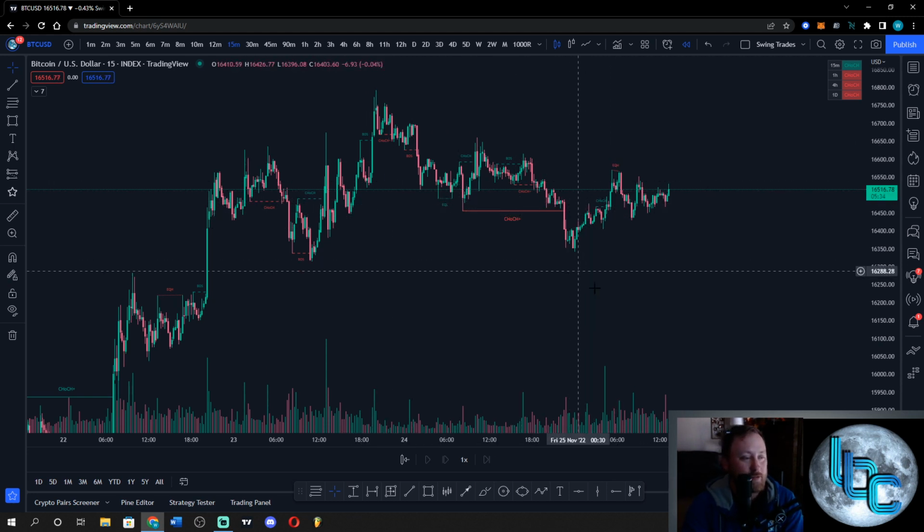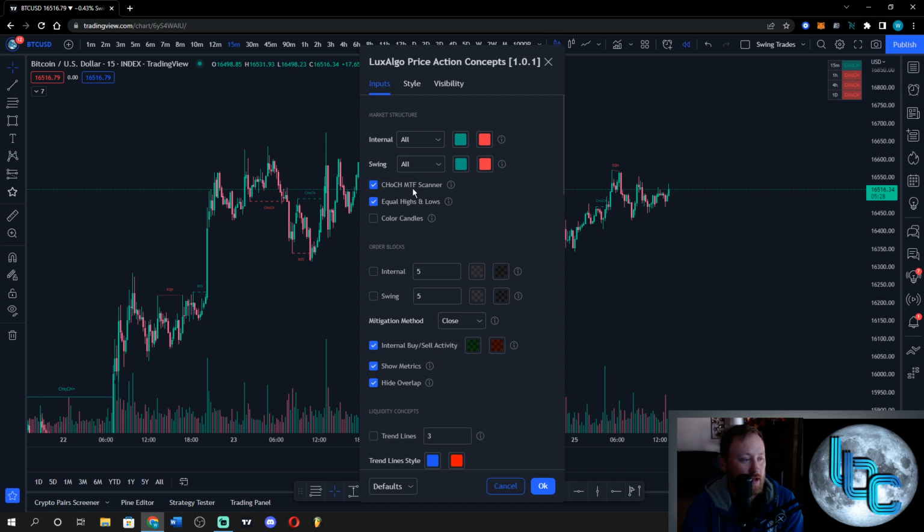So essentially, what this is right here, I believe this is the CHoCH MTF scanner, which displays active CHoCHs on different time frames. Now, the CHoCH is the change of character. What is a change of character?